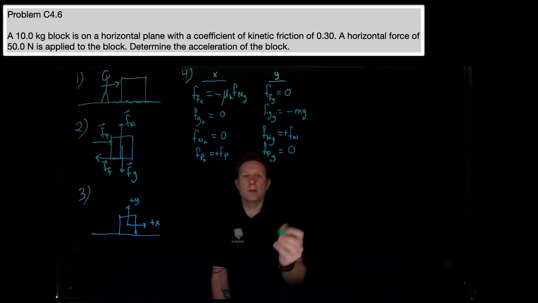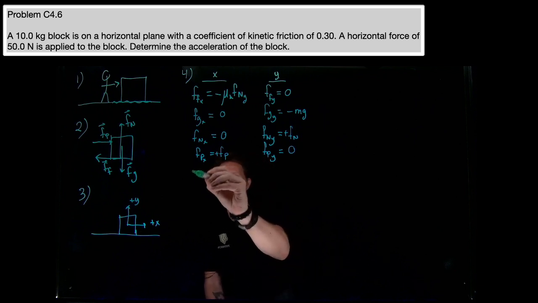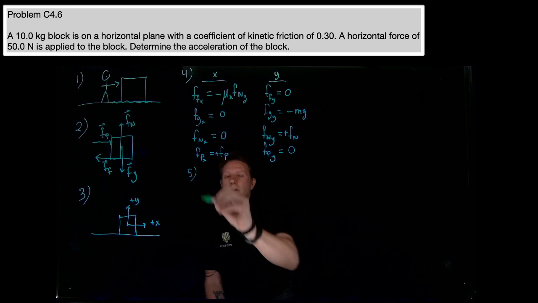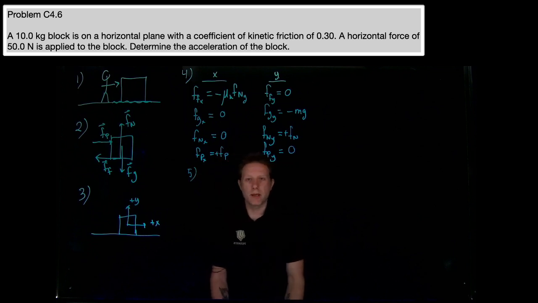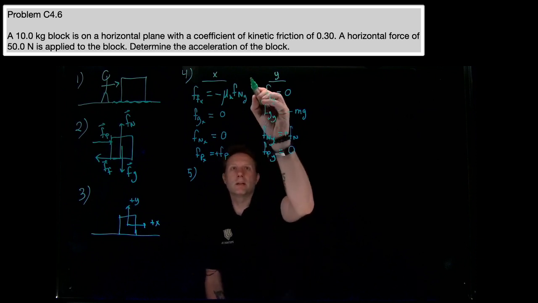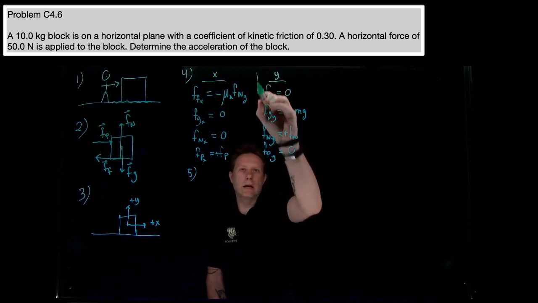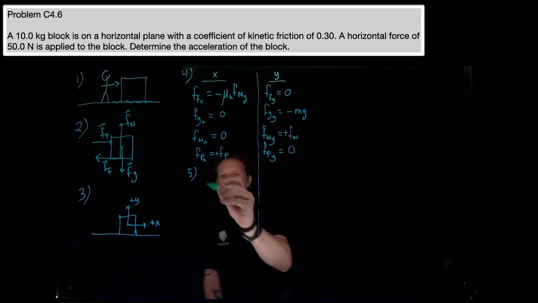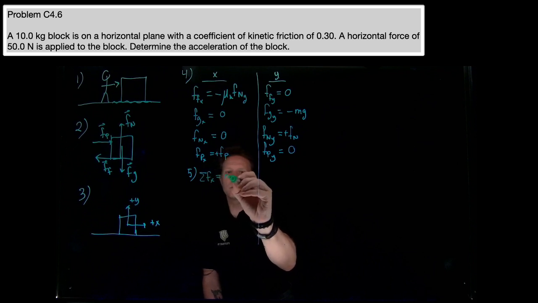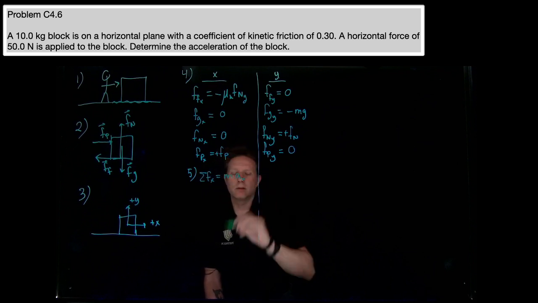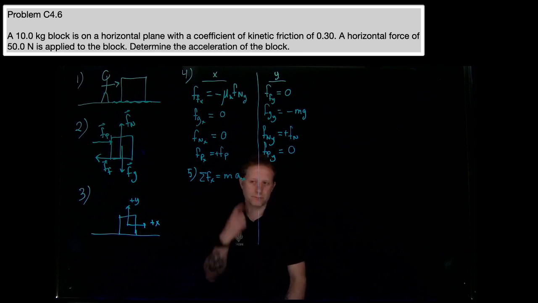Then we're now ready to do the next step, step 5. That is simply taking Newton's second law in the two components, x and y, and inserting the information we have. So if we make a little vertical line, I can say the sum of the forces in x must be equal to mass times the acceleration of the object in the x direction.